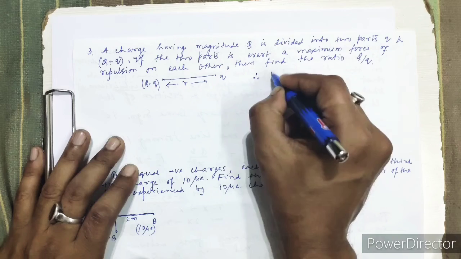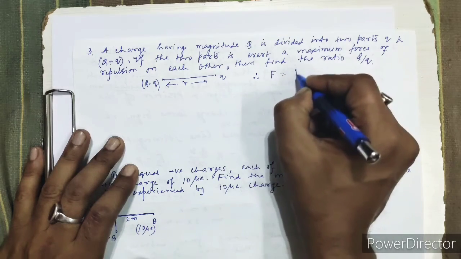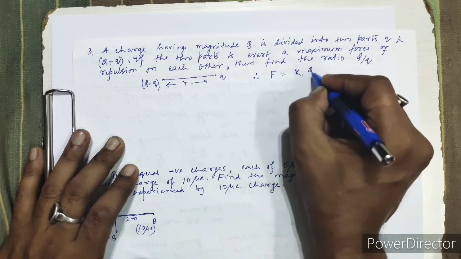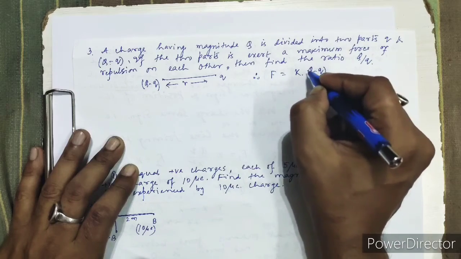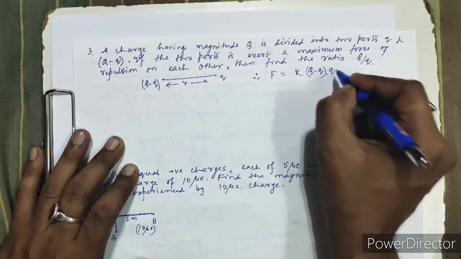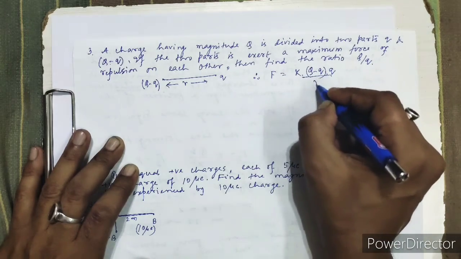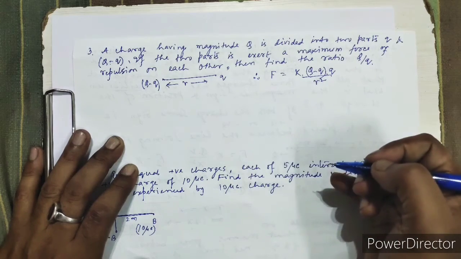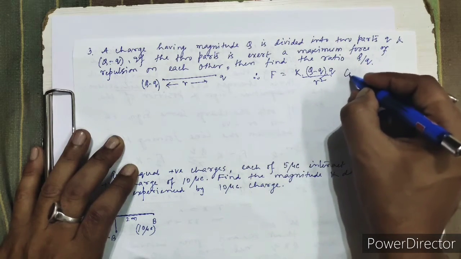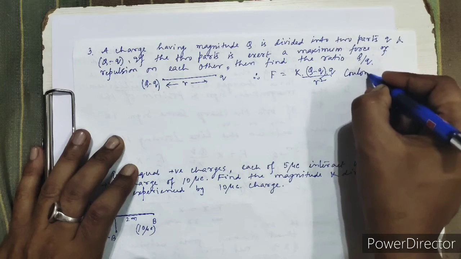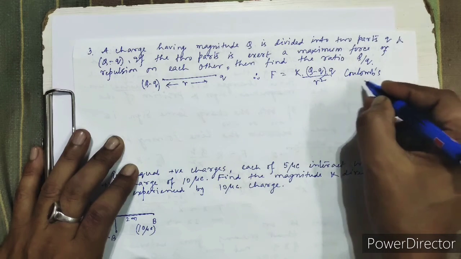therefore F equals K (Q minus q) into q by R square according to Coulomb's law.